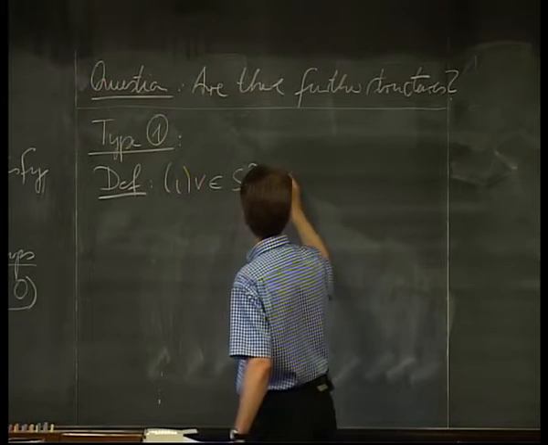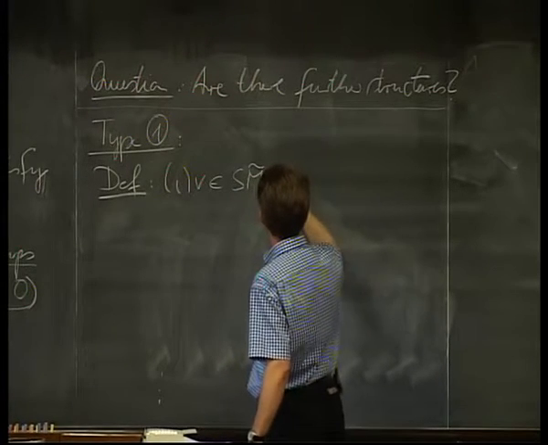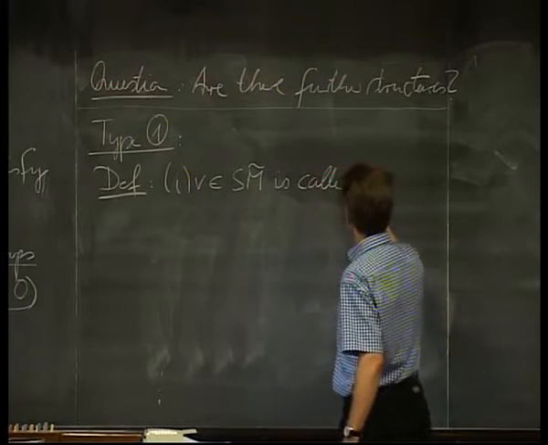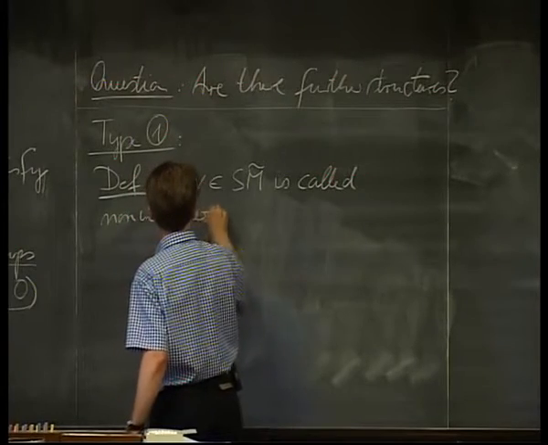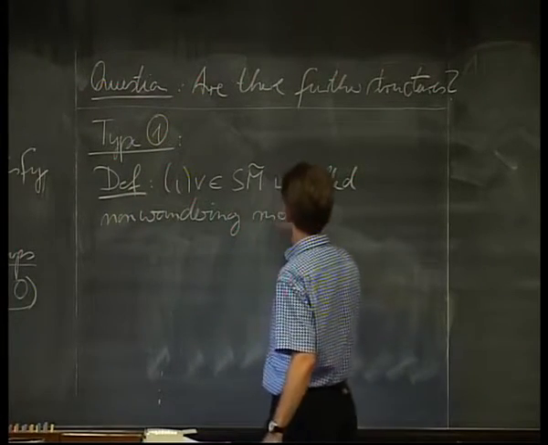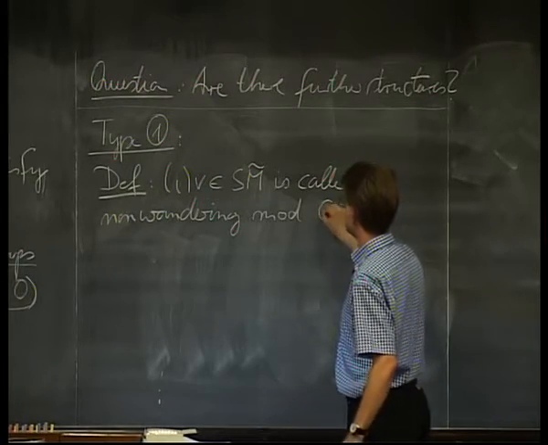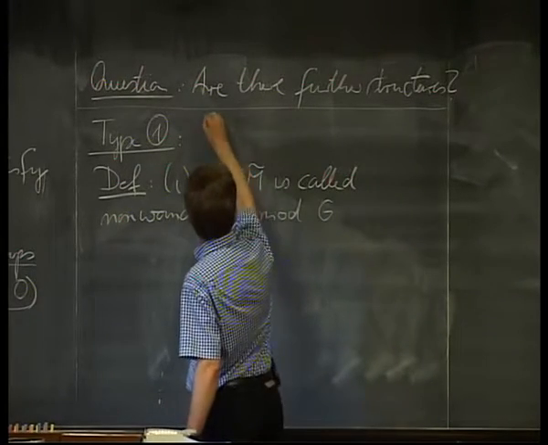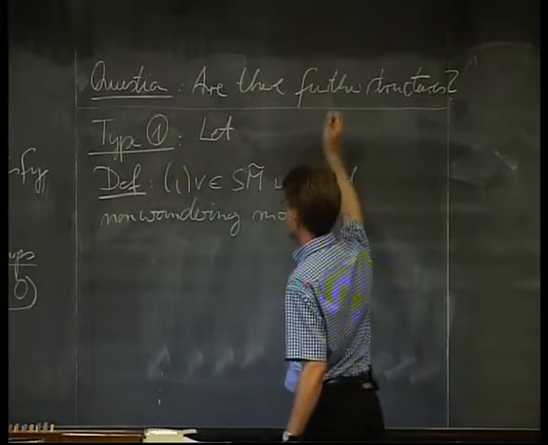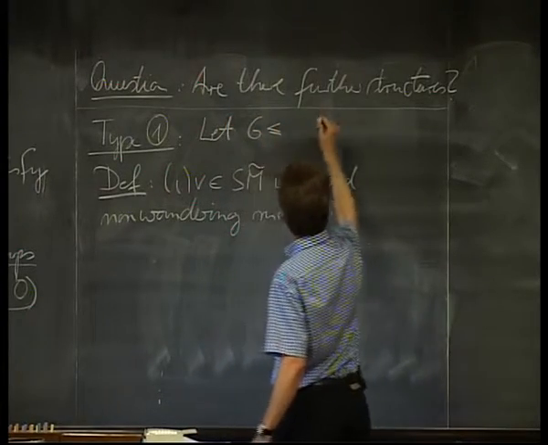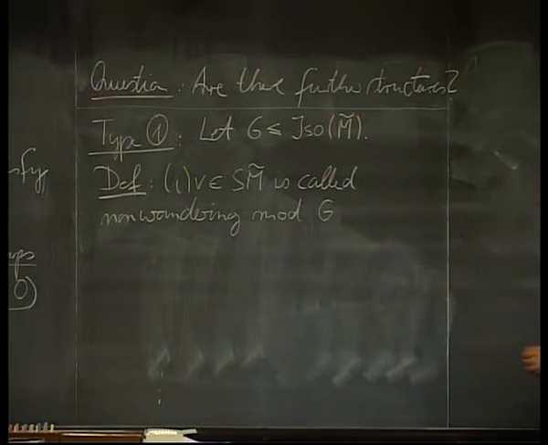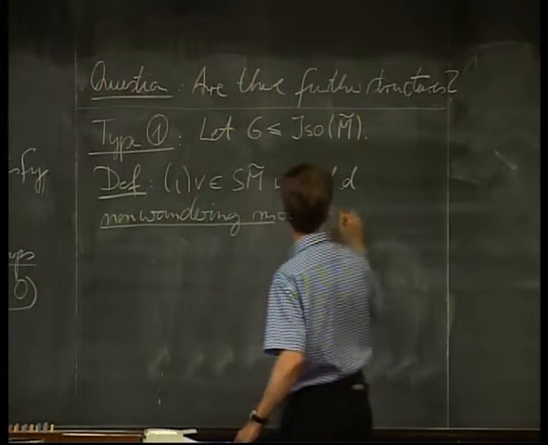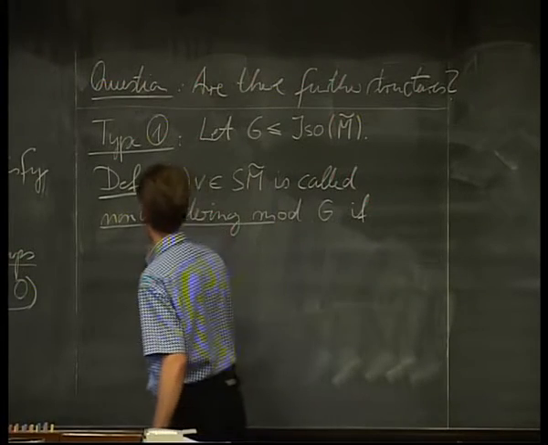And those vectors are called non-wandering modulo our group G. So let me start with G being some subgroup of the isometry group, and a vector will be called non-wandering modulo this subgroup if we can do the following.